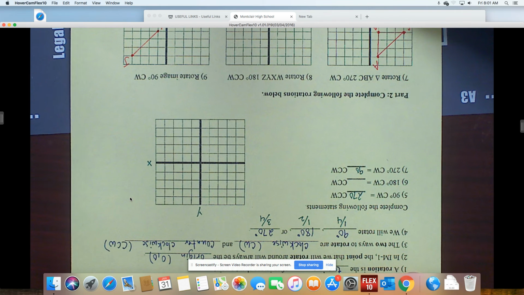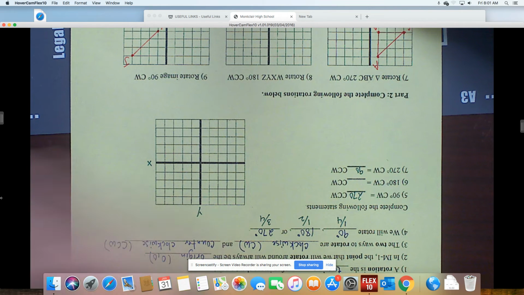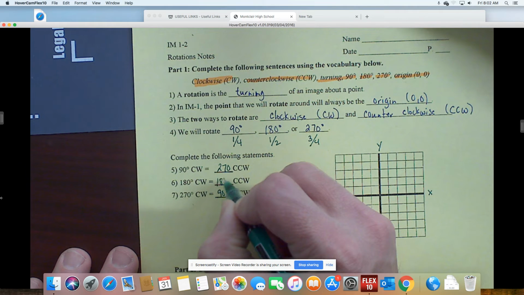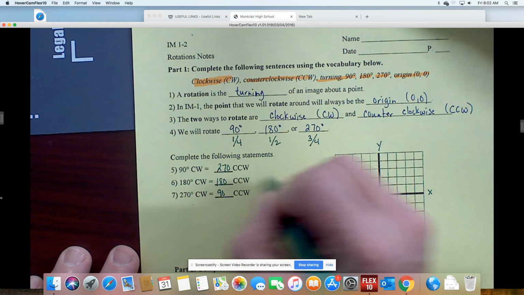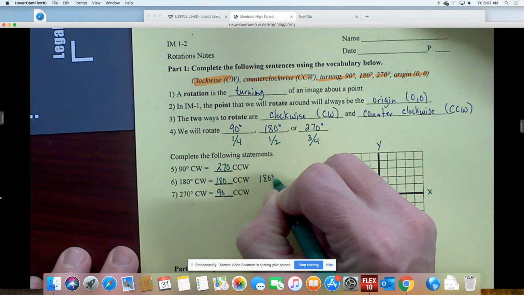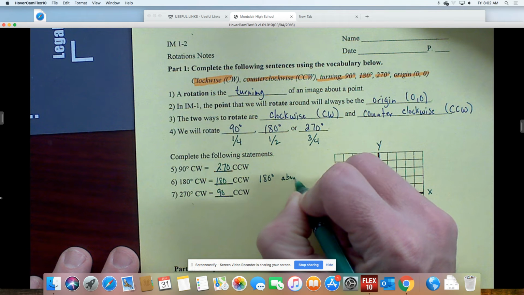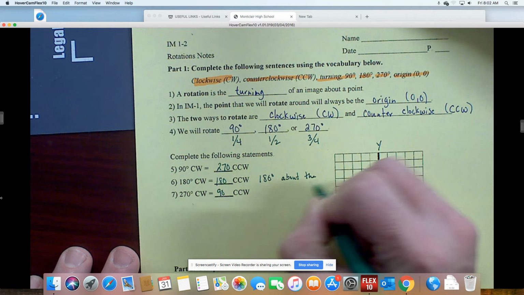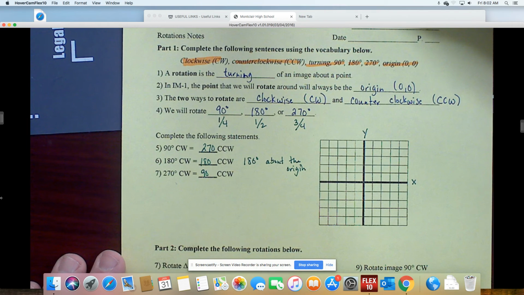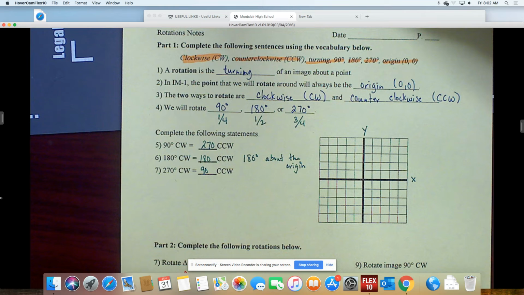Another 1/4 of a turn here, that would be 180 degrees counterclockwise. So 180 degrees clockwise is 180 degrees counterclockwise. And what they're going to tell you is they're just going to say 180 degrees about the origin, because it doesn't matter whether they are going clockwise or counterclockwise.